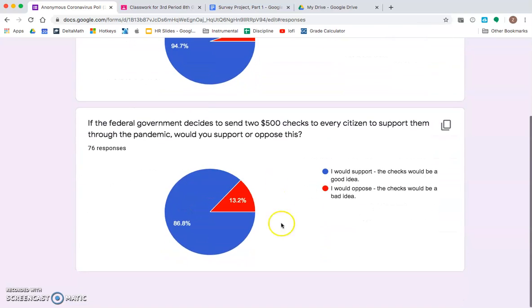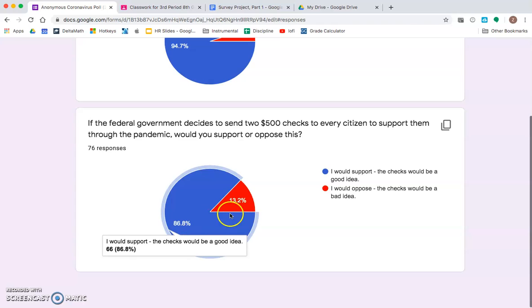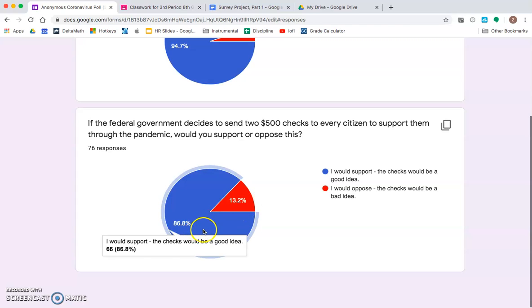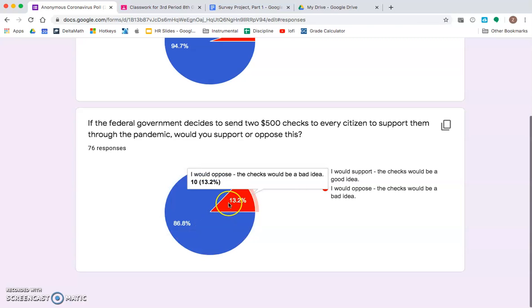Question 2: 66 people, 87% here, said that the $500 checks would be a good idea, and 10 people, or 13%, said they'd oppose and say the checks are a bad idea.